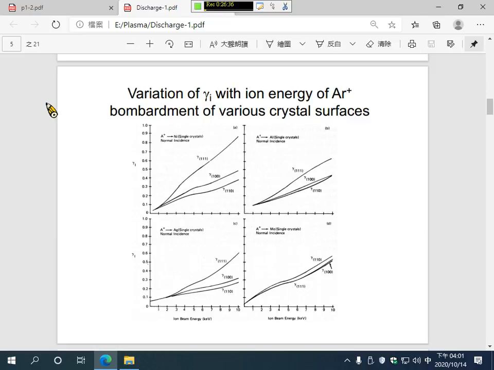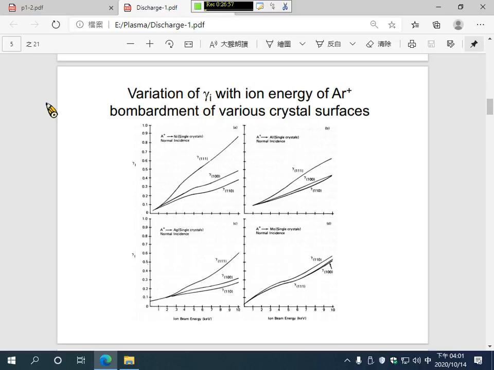And the secondary electron emission by ion bombardment also depends on the surface structure of the material. In this slide, here are 4 figures.